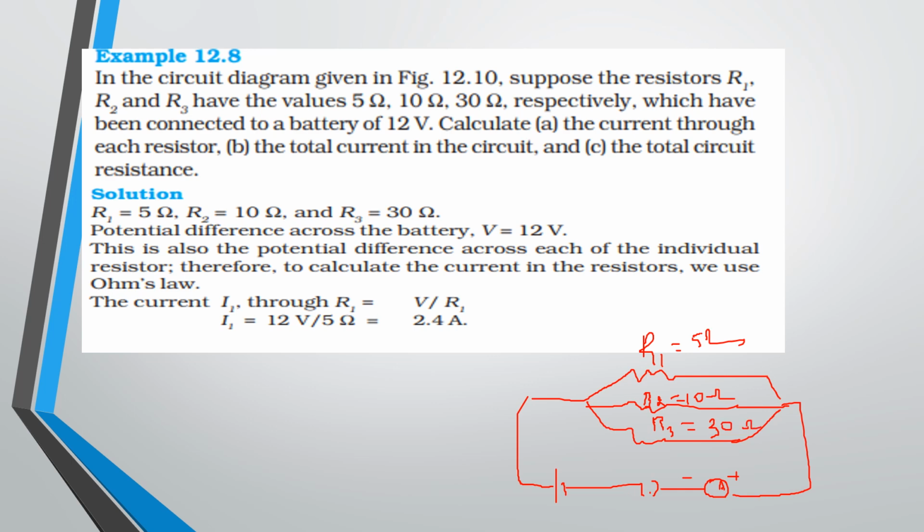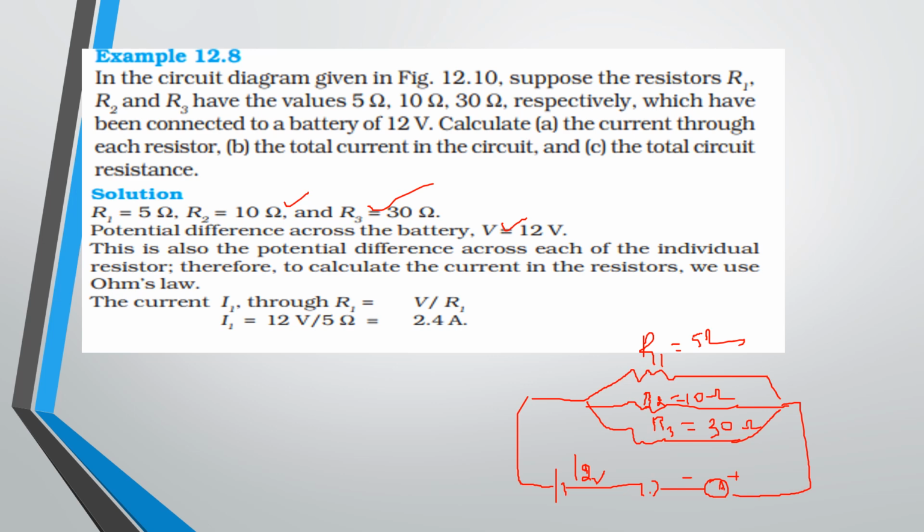Now, the first question: the current through each resistor. You know R1 is equal to 5 ohm, R2 is equal to 10 ohm, R3 is equal to 30 ohm. The battery source they have given is 12 volt. So this is also the potential difference across each of the individual resistors. Therefore, we calculate the individual currents.